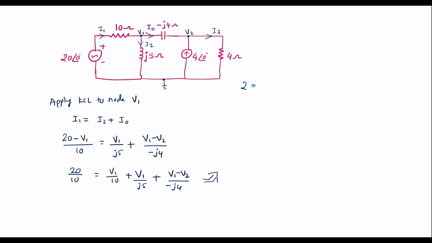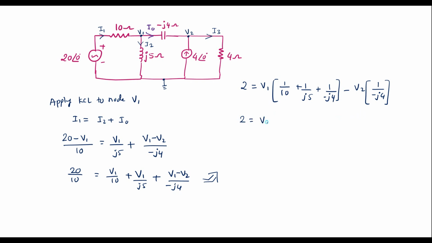I can write 2 is equal to V1 times (1 over 10 plus 1 over j5 plus 1 over minus j4), minus V2 times 1 upon minus j4. So let me simplify this.